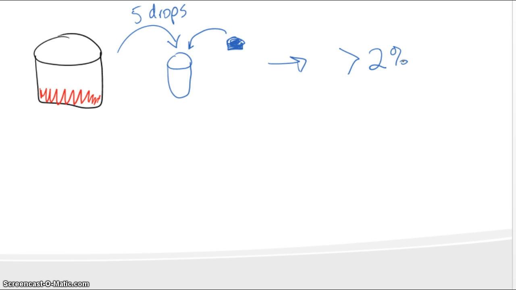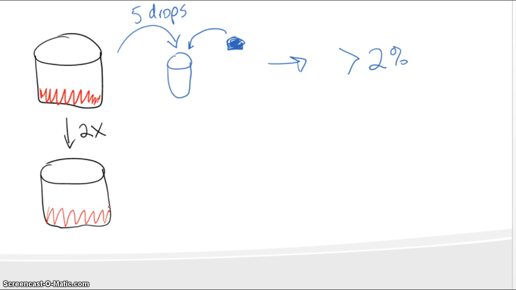So what do we do? We just did a dilution, right? So we did, say, a 2x dilution. We'll talk about dilution factors in just a sec. So now we have a wine that's not quite as concentrated.